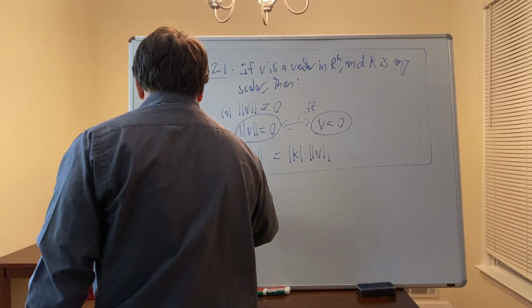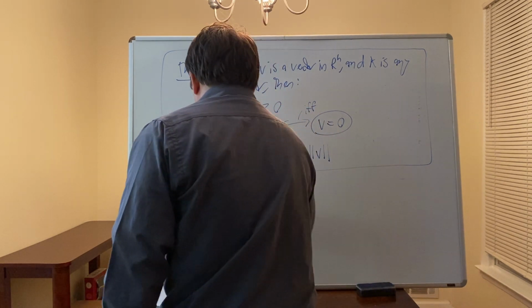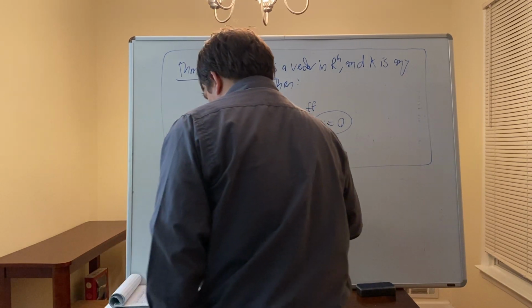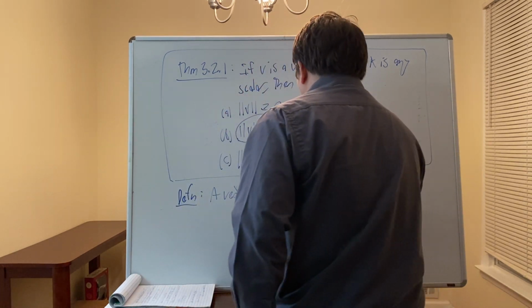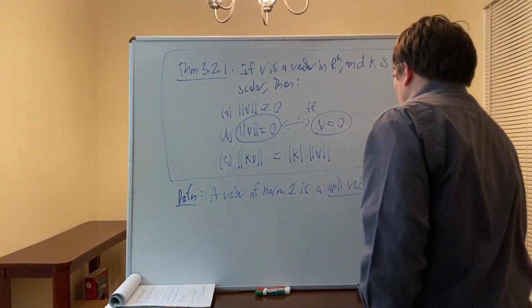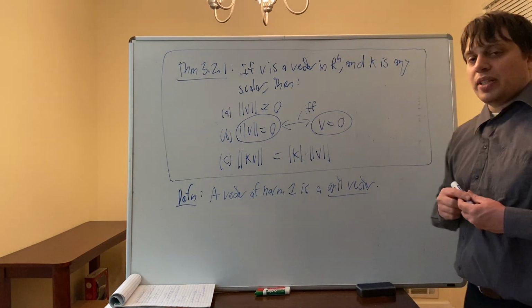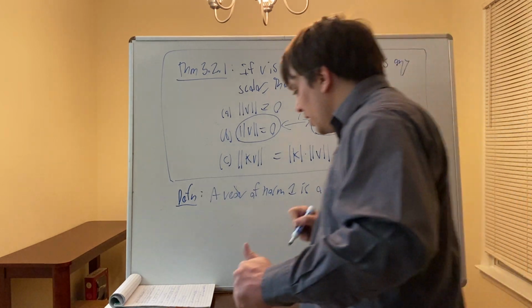Since I have some room here, I'm going to write the next definition here. It's a slightly different idea. A vector of norm 1 is called a unit vector.